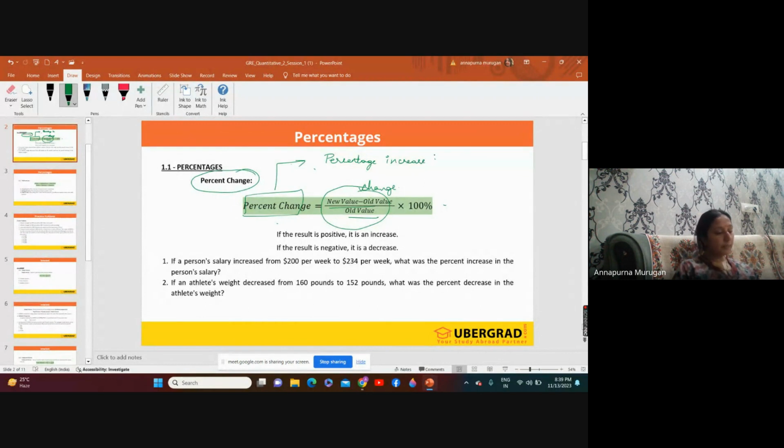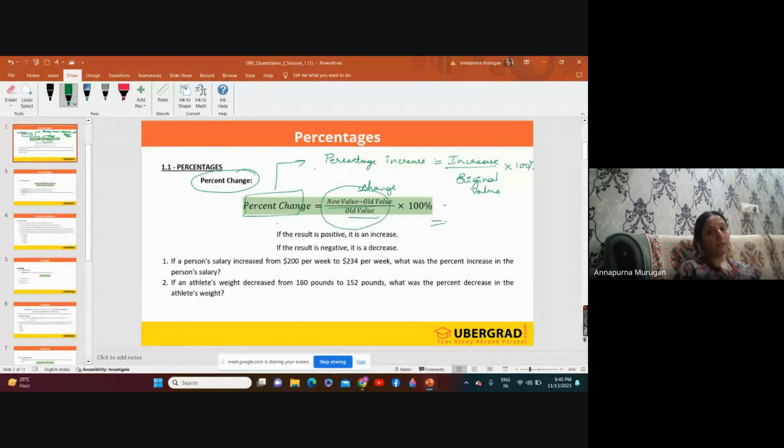And what is this percentage increase? It is the increase over the original value into 100%. We all know that the increased percentage is the increase by the original value into 100%.